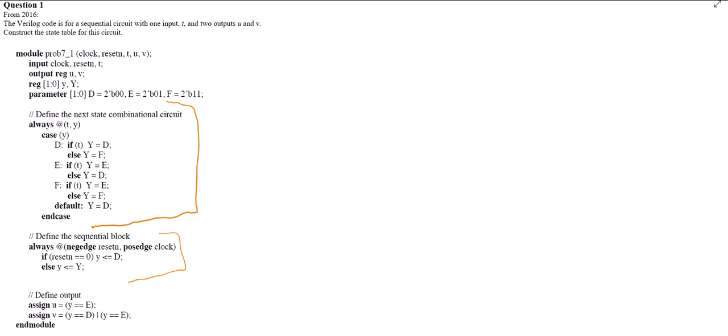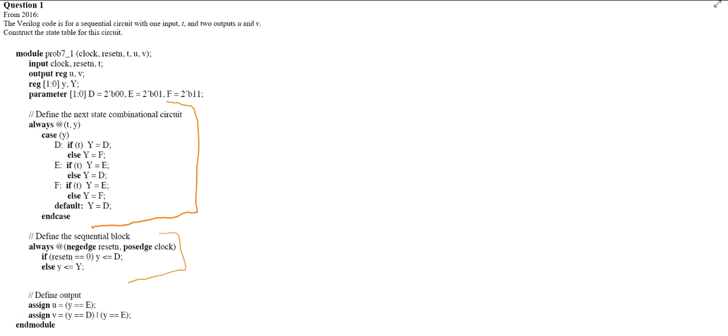We're using the parameter to define D, E, and F so that we don't have to write 2'b00 every time. We can just use D. That's just like using a state table, using the letters instead of the binary numbers.